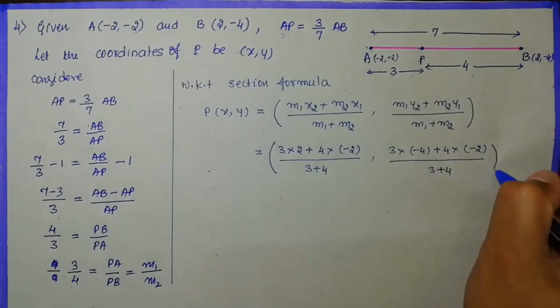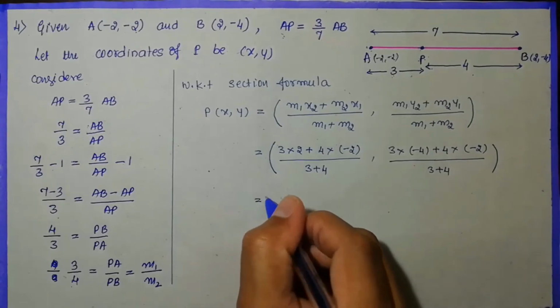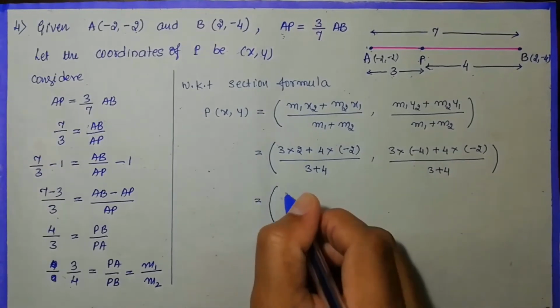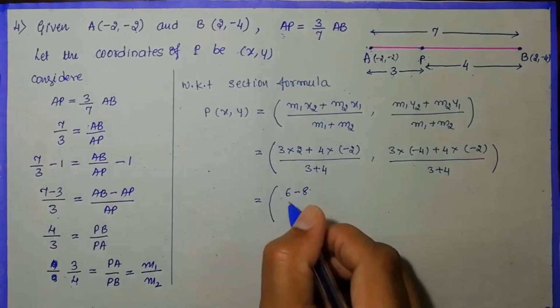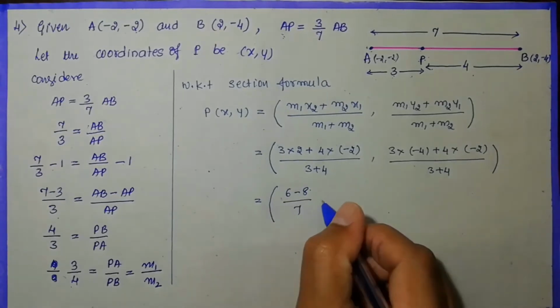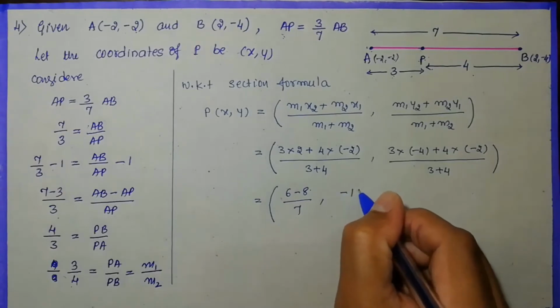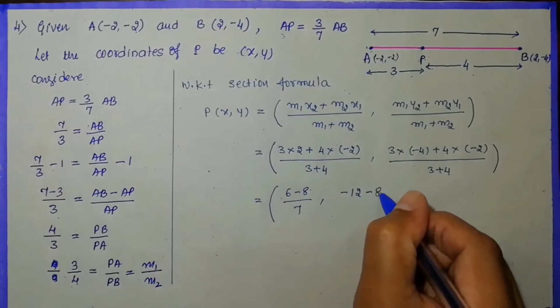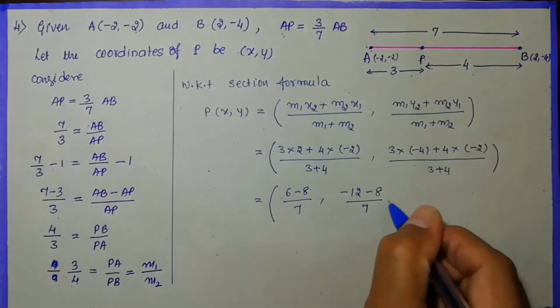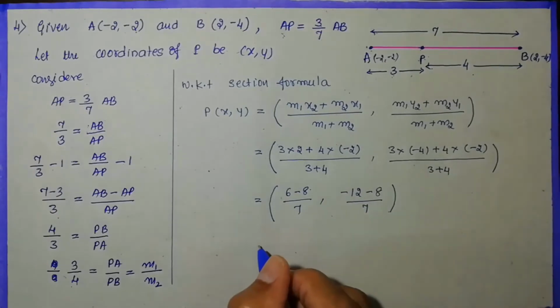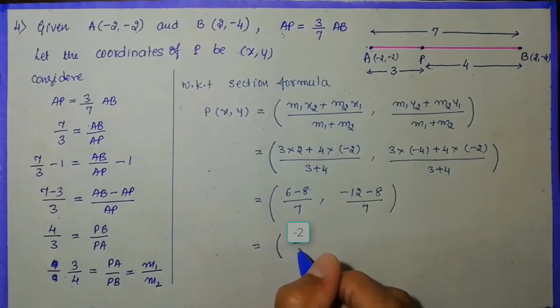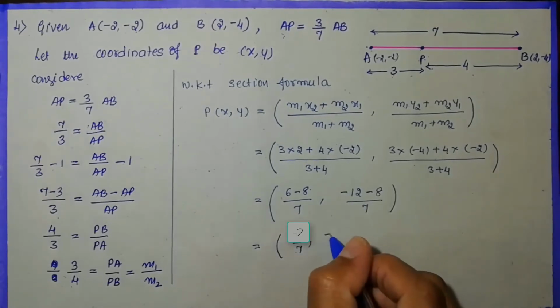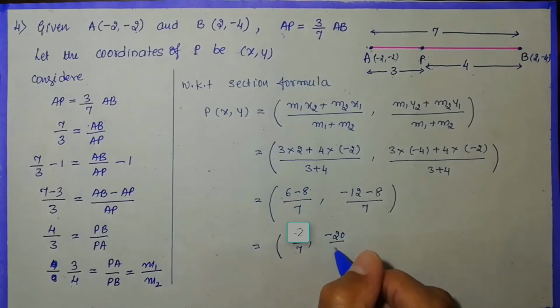So now the simplification only. Now look here, it will become 3 into 2 is 6, 4 into 2 is minus 8, and 7. Next here, minus 12, and then minus 8, divided by 7. Now the next thing is 6 minus 8 means it will become minus 1 by 7, and here it will become minus 20 divided by 7.